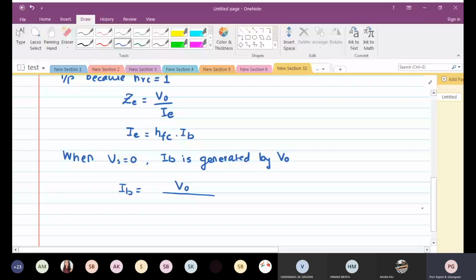Basically I will just reduce it this way. This is RS, this is R1, this is R2, all this in series with HIC, and here you have the entire VO, because HRC is equal to 1.